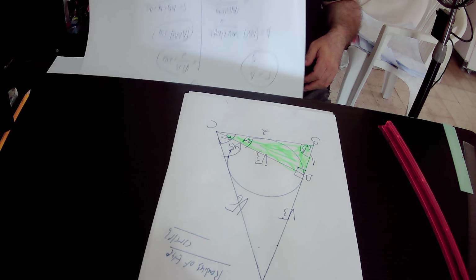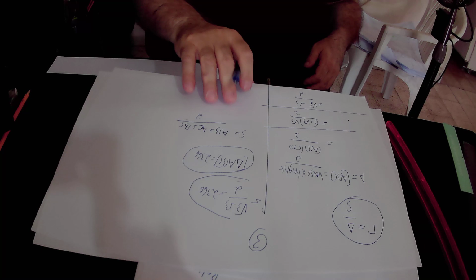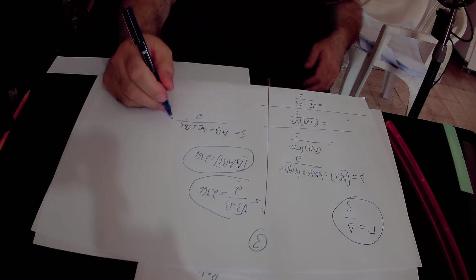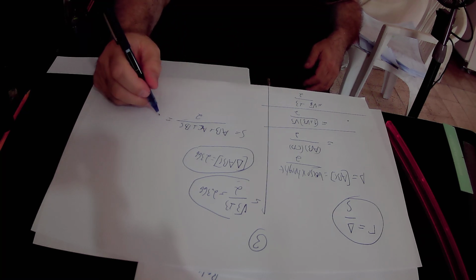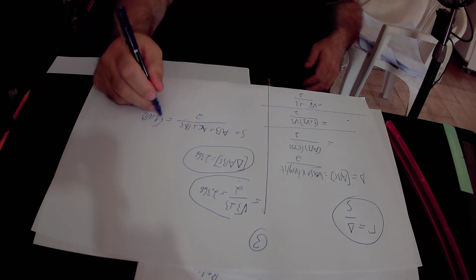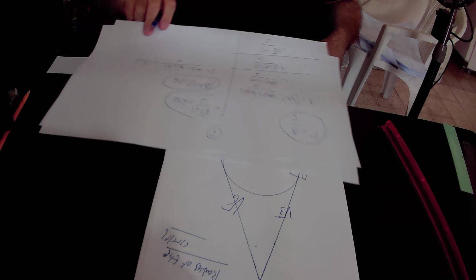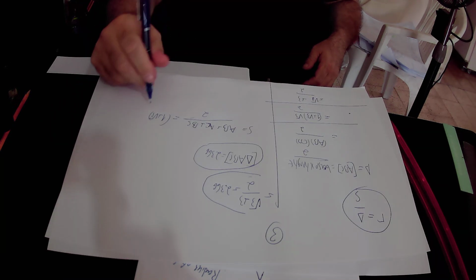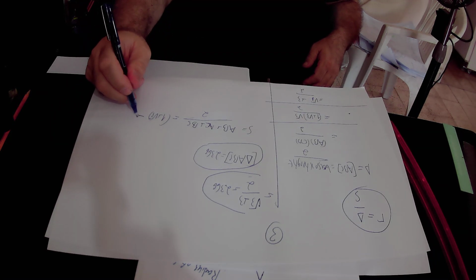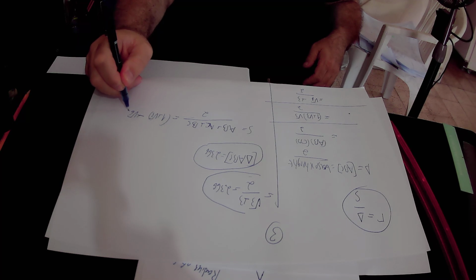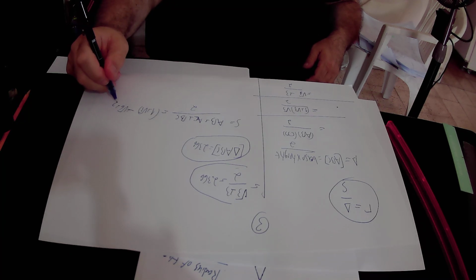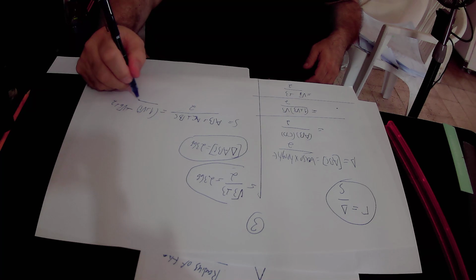Here the semi-perimeter S of triangle ABC equals the sum of its side lengths over 2. That is AB equals 1 plus square root of 3 units, plus AC equals square root of 6 units, plus BC equals square root of 6 units, all divided by 2.